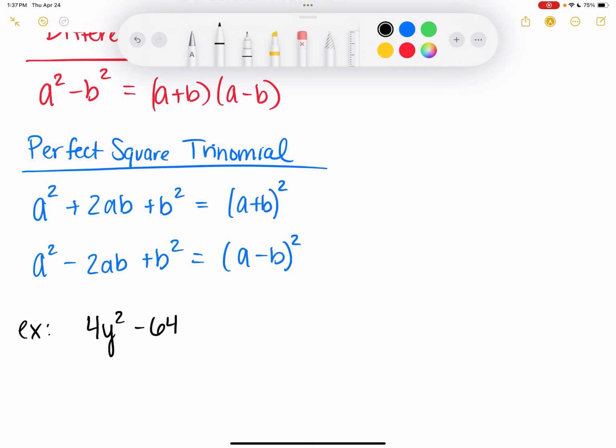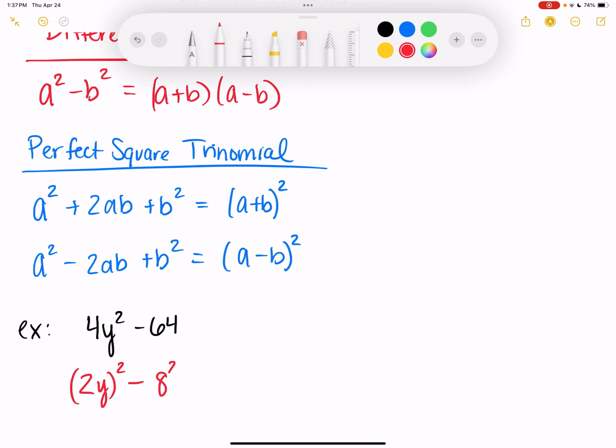Like what squared equals 4? 2. So 2, we already see that y is squared, so 2y, all of that squared would be the same as 4y squared. Minus, what squared is 64? 8. So this would be 8 squared.